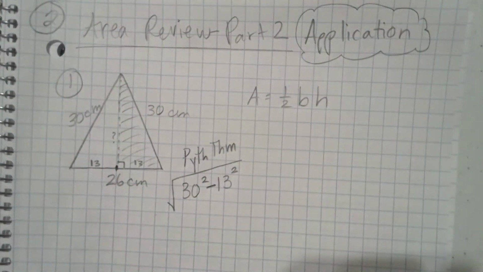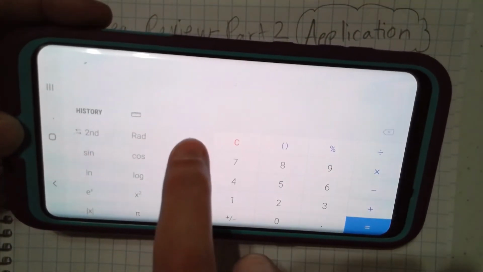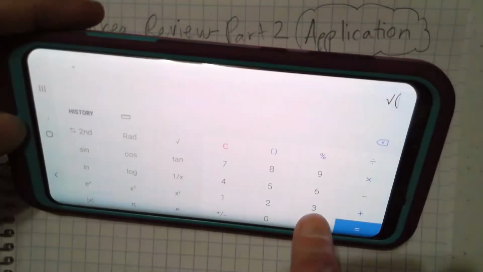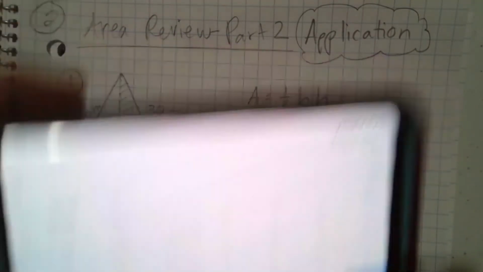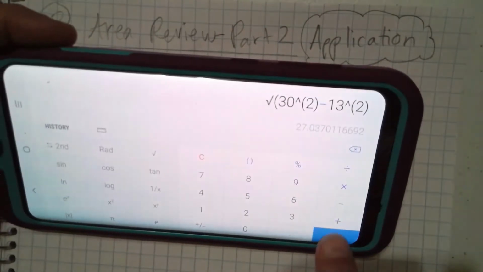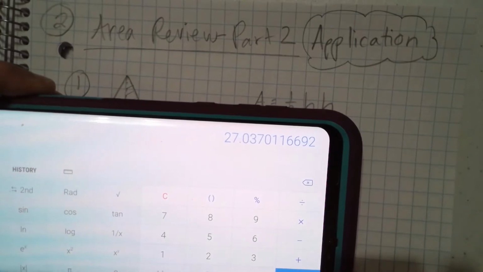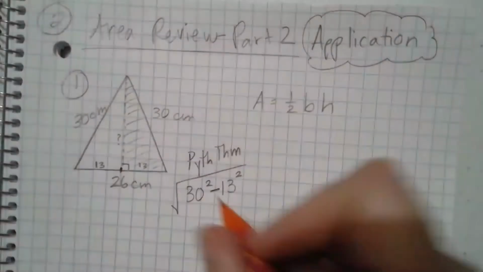Okay, so I'm going to go to my calculator. And again, if you have this kind of calculator, you're going to turn it sideways, and it will bring up the little square root thing. So we're going to do the square root of 30 squared minus 13 squared, and that's going to give us 27.04, we'll say.